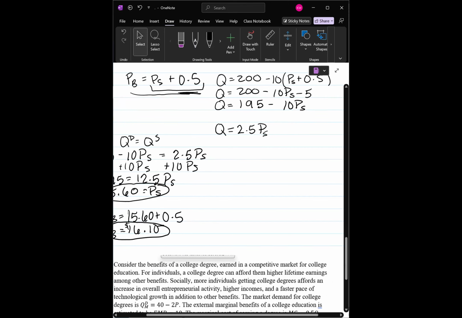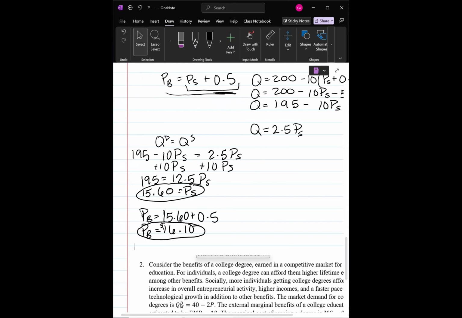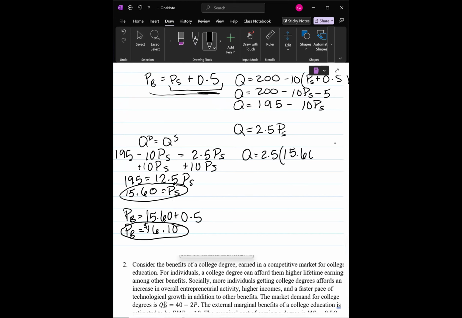And now that we have the value of the price that sellers receive and the value of the price that buyers pay, we can find the quantity traded. So quantity supplied is going to be equal to 2.5 times the price that sellers receive. So that's 2.5 times $15.60. And that's going to give us 39 boxes of pencils.